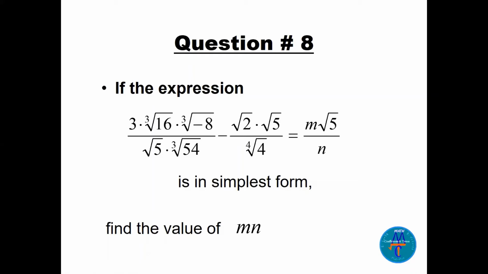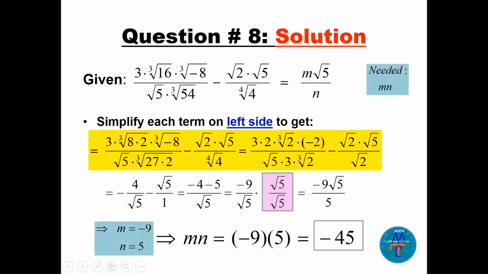Let's see. I think everything is easy here: square root of 5 is already simplified, cube root of 16, cube root of minus 8. This one you have to simplify. This is not easy, fourth root of 4. I think you have seen it somewhere, even in the lectures. You can go to radicals, algebra lectures and radicals.